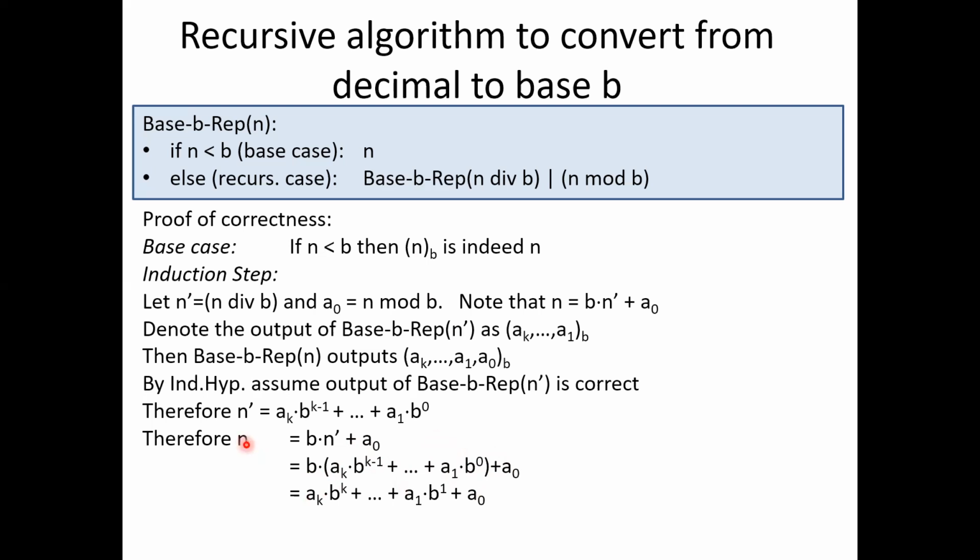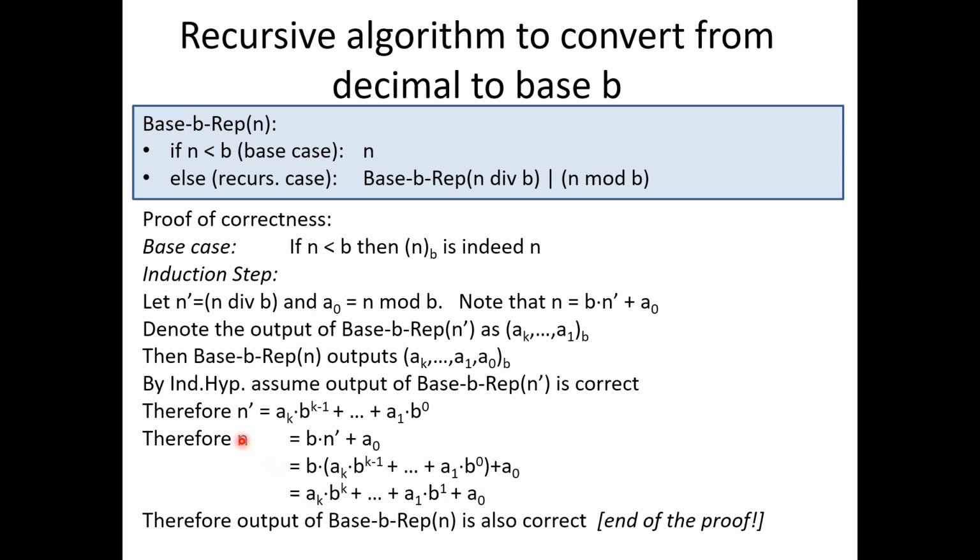So if a0 to ak is a sequence that satisfies this equation, and each of the ai's is a base b digit, then this means that a0 to ak is the base b representation of n.